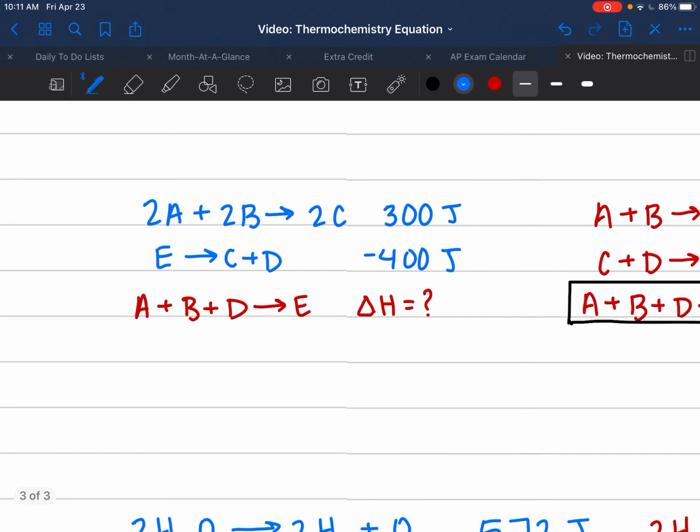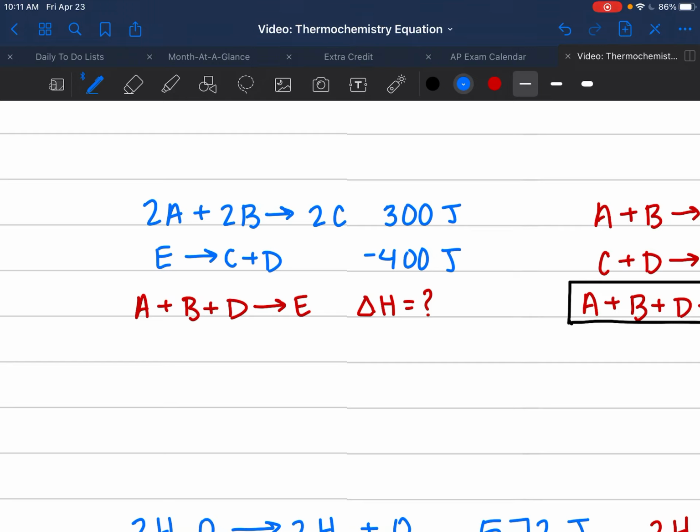Let's say we have these two equations, 2A plus 2B yields 2C, and it gives us 300 joules for our enthalpy. And then we also have E, which decomposes to form C plus D, and that gives off 400 joules. So we want to get this equation that's here in the red.